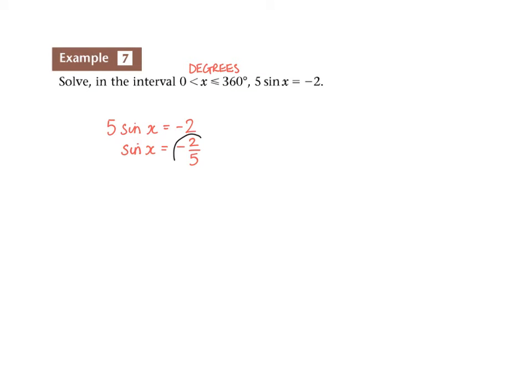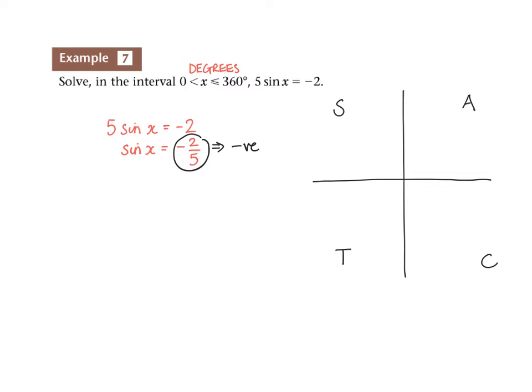Right, this ratio here is negative, and when we draw a quadrant system, we know again all, sine, tan and cos. So if the ratio is negative, that means it must be in the third and fourth quadrant.